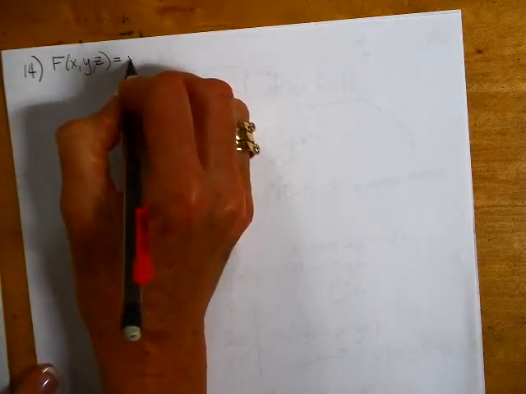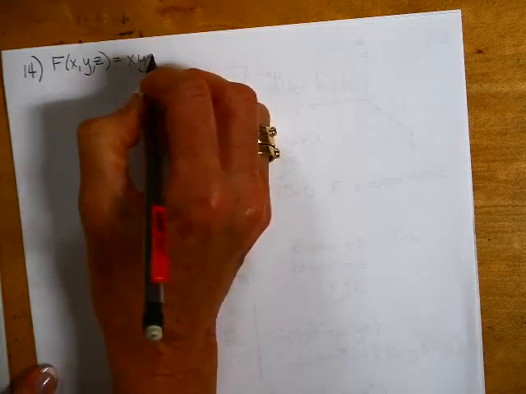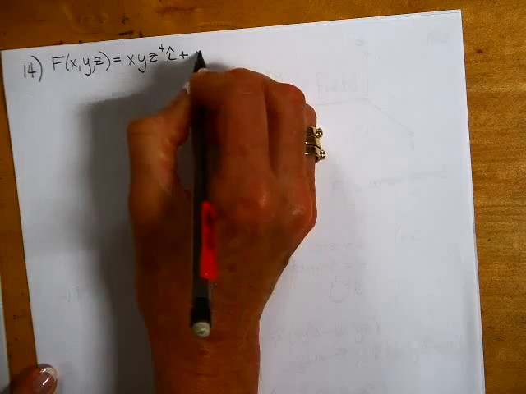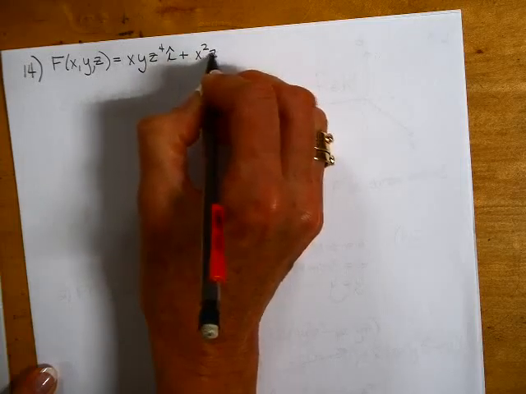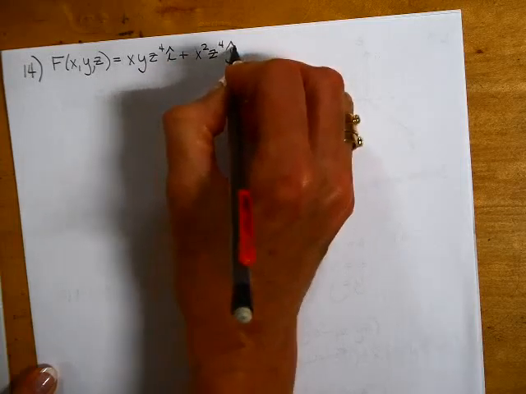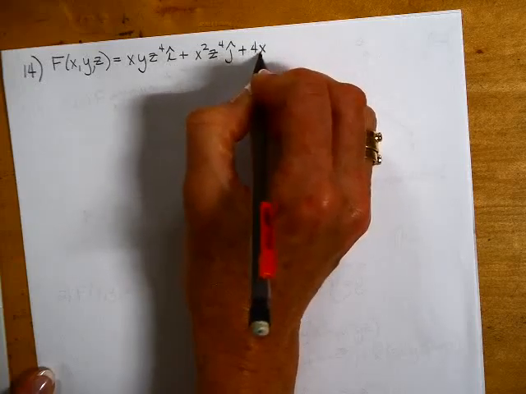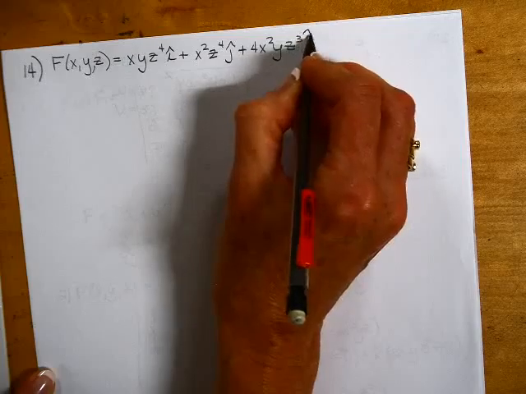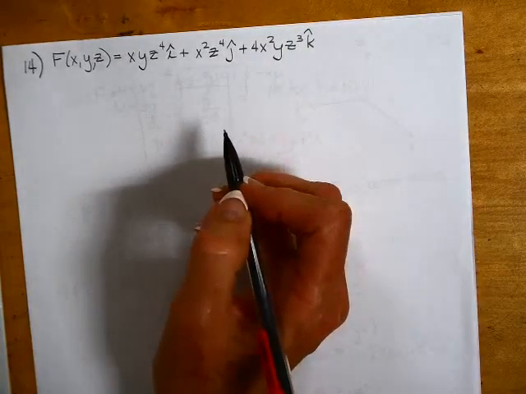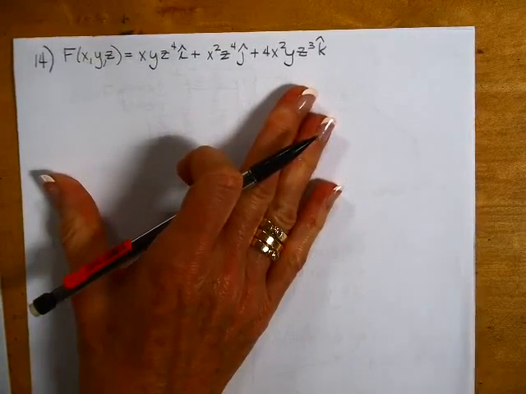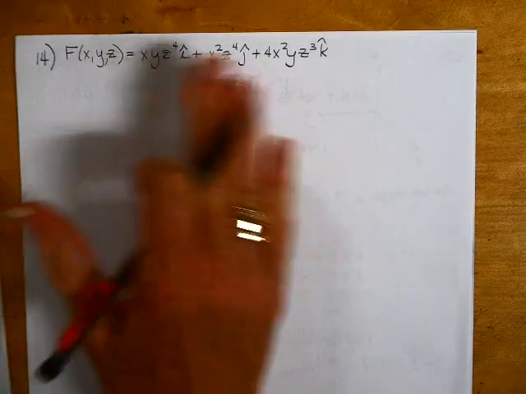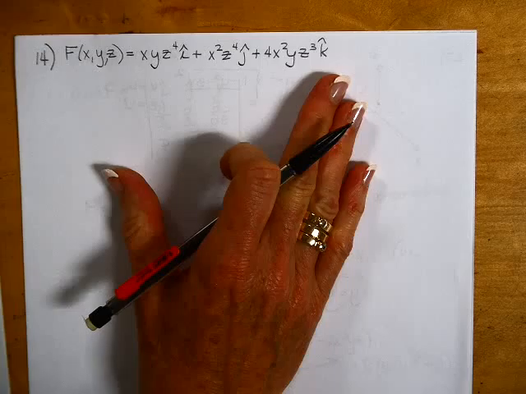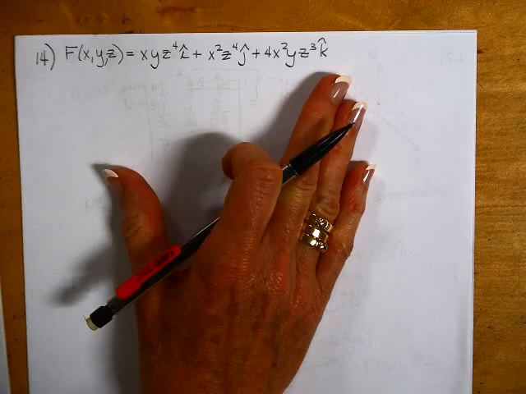And this one is x, y, z to the fourth, x squared z to the fourth j plus 4x squared yz to the third k. They want to know if this is conservative. All right, this is three-dimensional. So to see if it's conservative, you need to set up your curl and see if it's equal to 0.